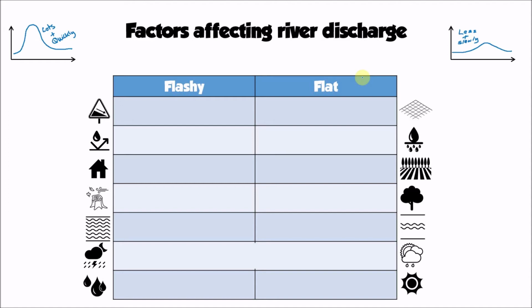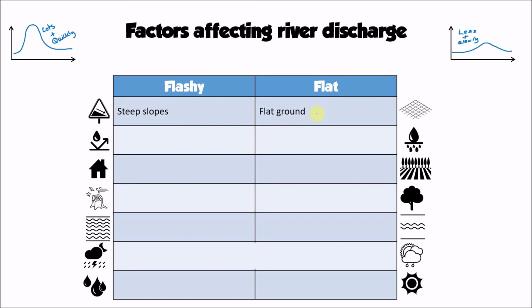And this can be caused by a number of factors, and very often a combination of several factors. The first one is the gradient of the land surrounding the river. If we have quite steep slopes, the water is going to run down them very quickly through surface runoff, and it's not going to have a chance to infiltrate into the soil.